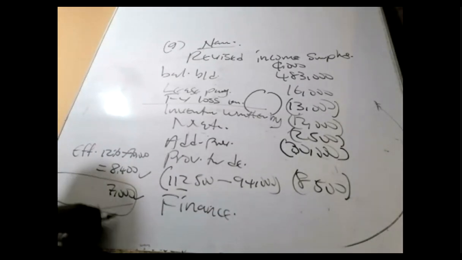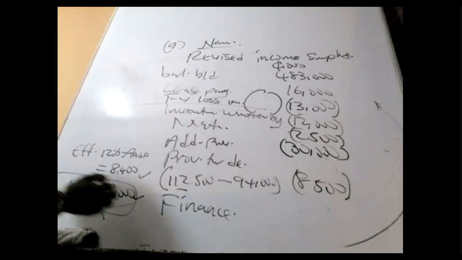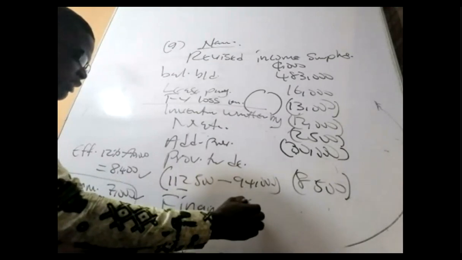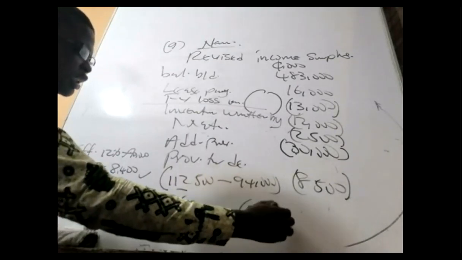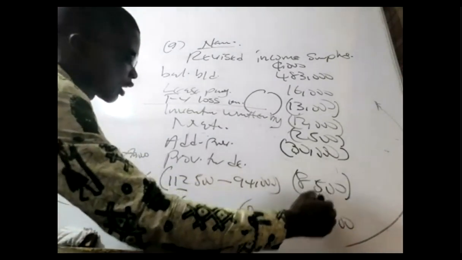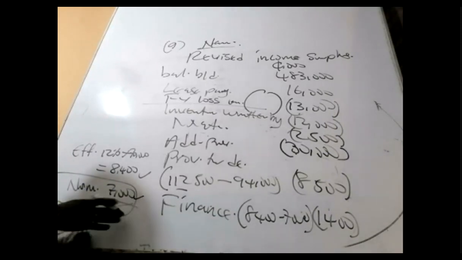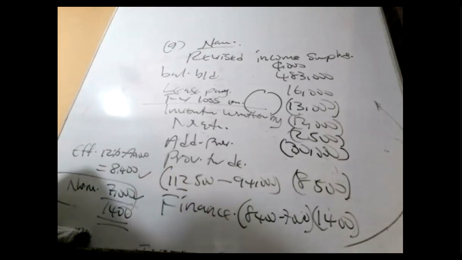So 8,400 less 7,000, subtract, 1,400 here. Now we get it. That is how we look at it. This answer is called the difference. We call it amortized cost. That is all.